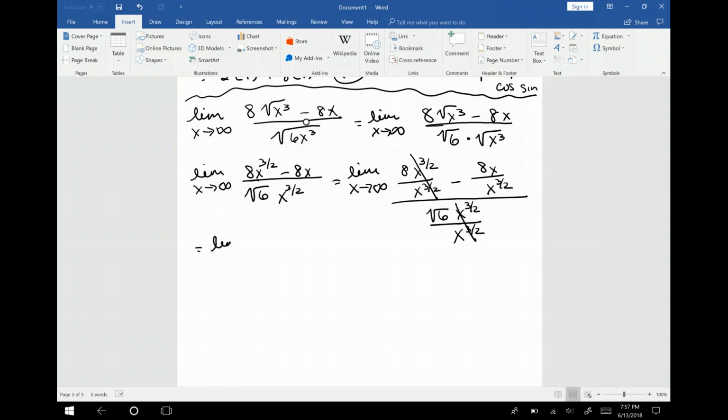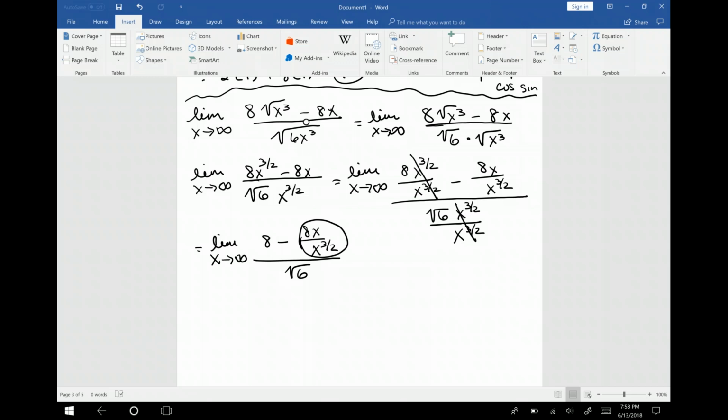Okay. So as x goes to infinity, in the numerator we have left 8 minus, and then we have that 8x over x to the 3 halves, divided by the square root of 6. So we have to think about what's going on here.